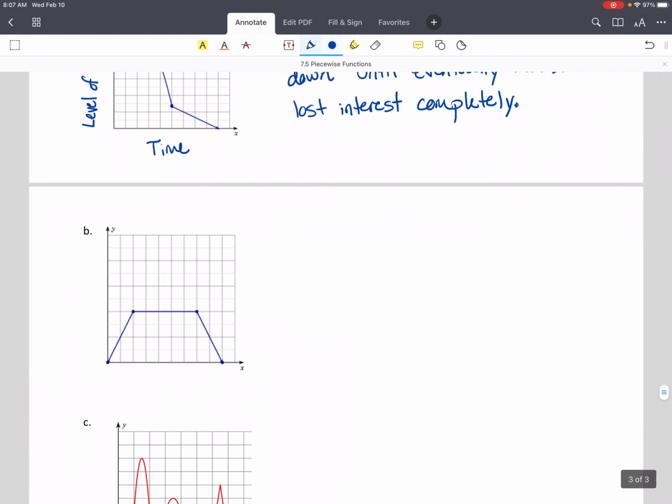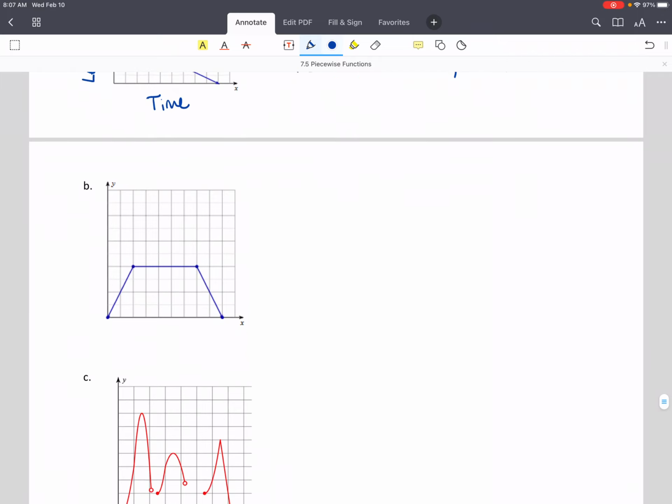Part B. What do you think happened here? Well, I'll tell you what happened here. Things were looking promising.